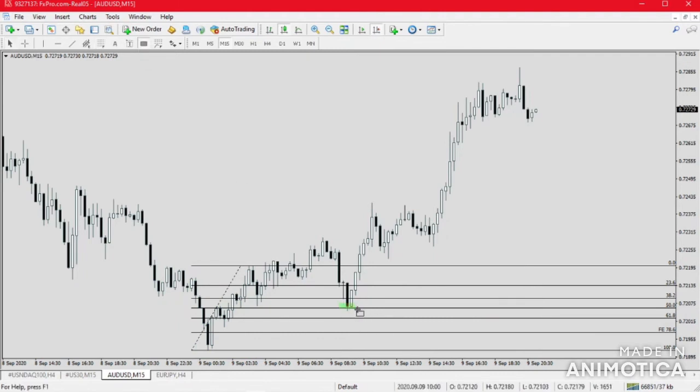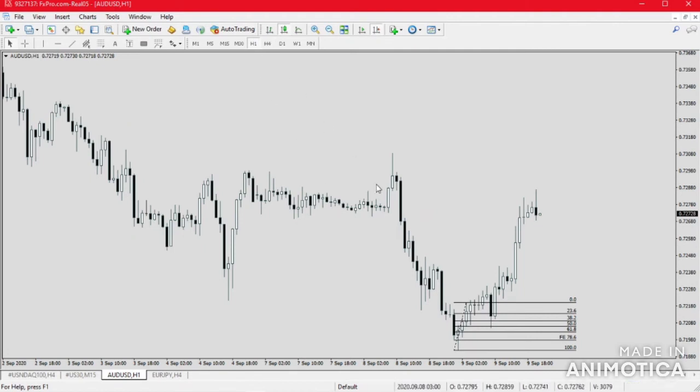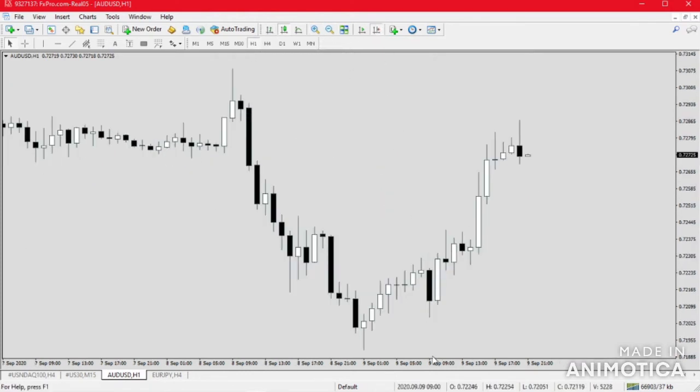So this is just a method you guys can use to enter a pin bar. You can use it on any time frame. See, here we have another one on the 1 hour. Let's just draw that from there to there.